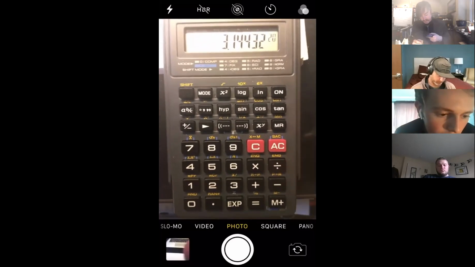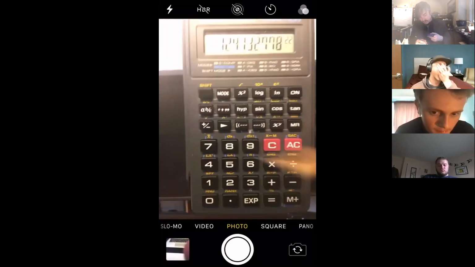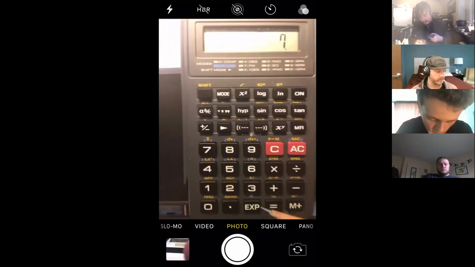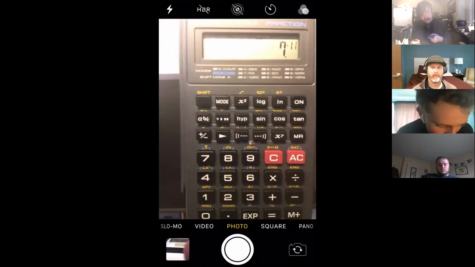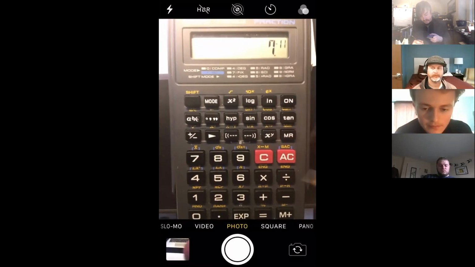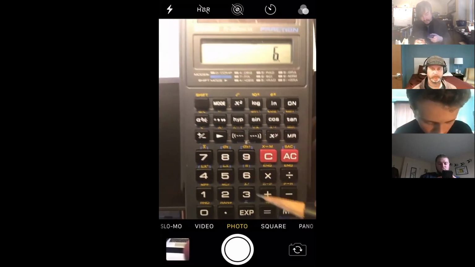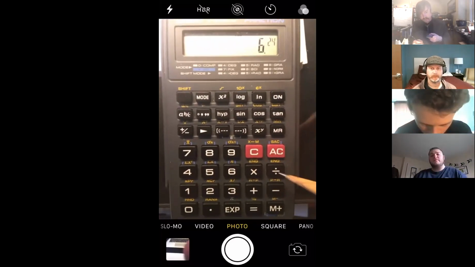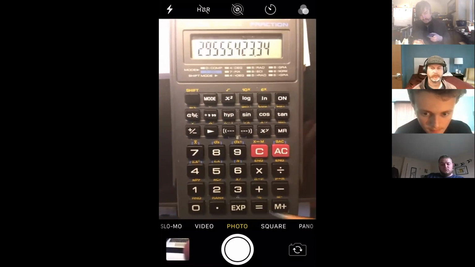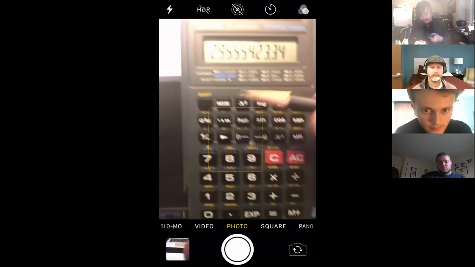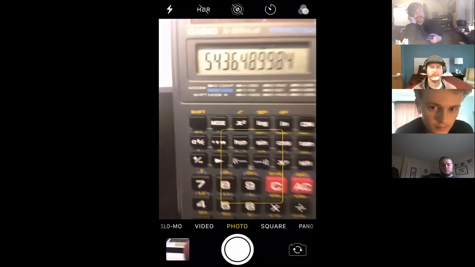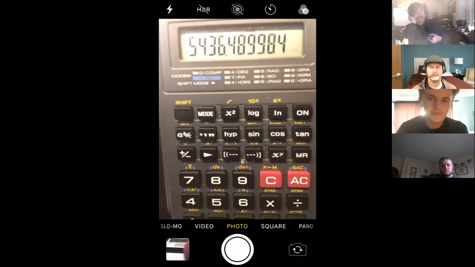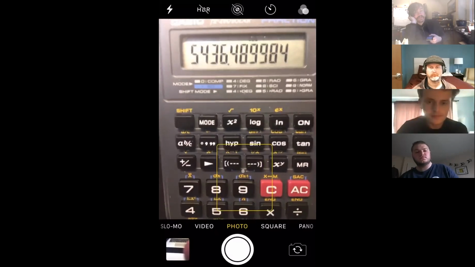I'm with you. Divide by 7 exp negative 11. Divide by 6 exp 24. Then equals, and then we have to square root. So we do shift, square root. Yep, I got that. Good. What should I round it to, Andrew?